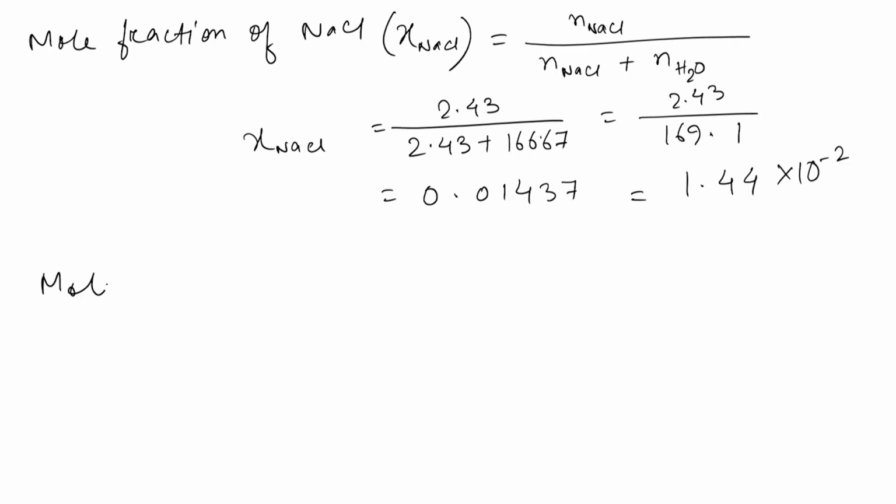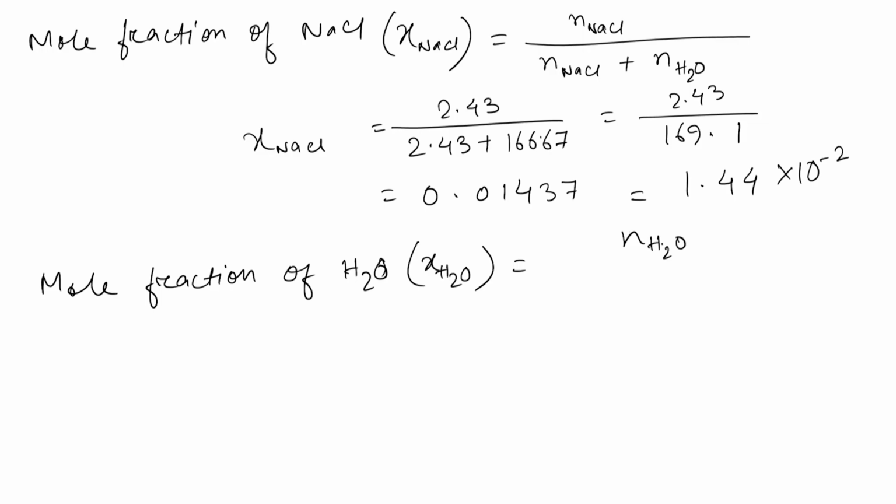Now, the mole fraction of water, or XH2O, is equal to number of moles of water divided by number of moles of sodium chloride plus number of moles of water.